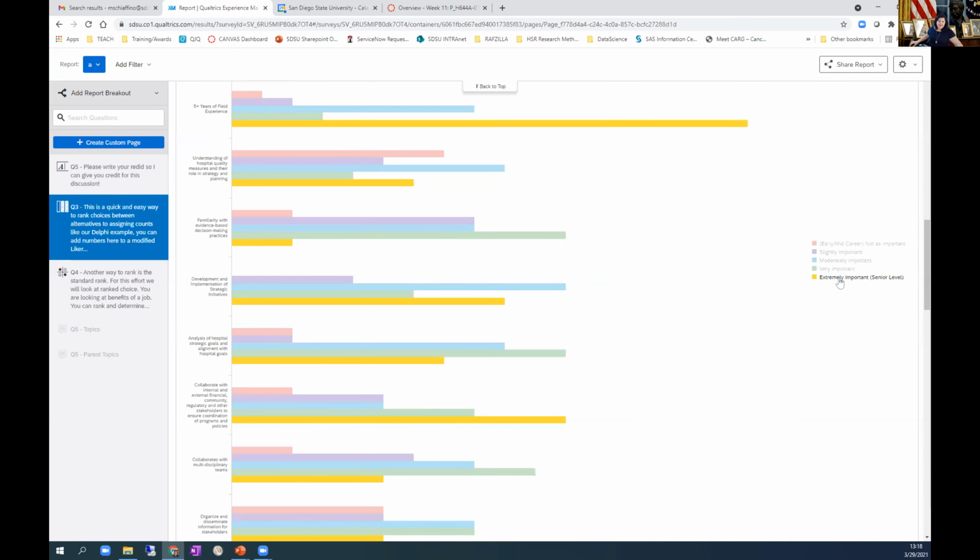And the other cool thing, so typically, if you are really interested in the Delphi method, RAND is who developed this, the RAND Corporation. I don't know if you're familiar with them, but typically you're going to need about 2 rounds. And the next thing that you can do, because we've only done 1 round. You're my expert panel, and we've only done 1 round.